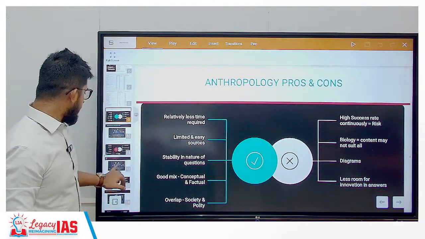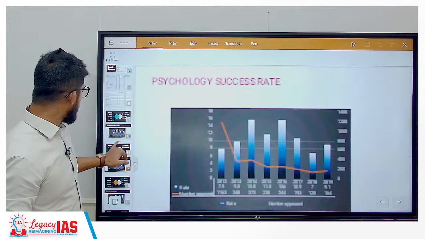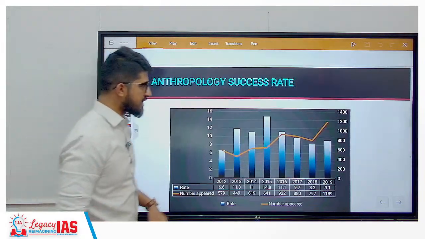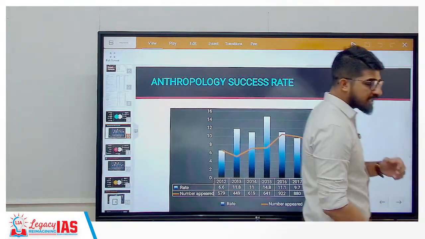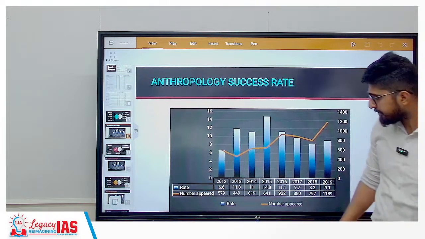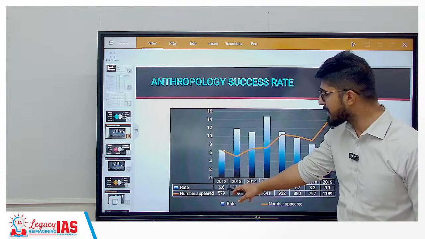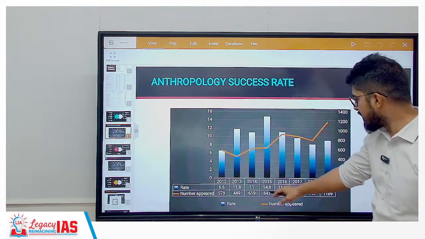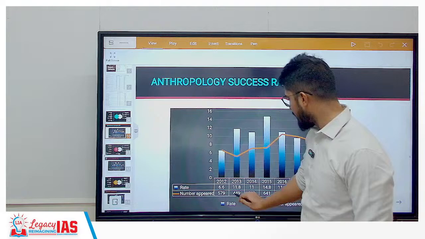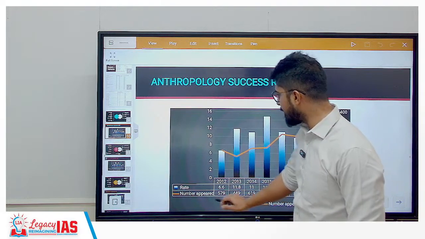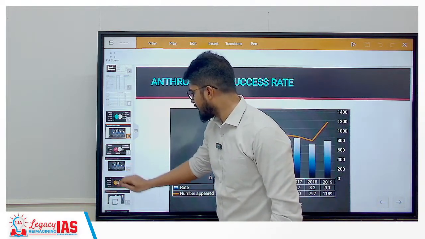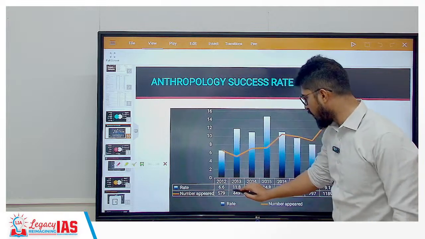And next subject, so before we go to, this is the one I was talking about, continuous success rate. Look at this. The success rate in 2012 was 6.6% only. Look at this. It has continuously been doing really well over the years.